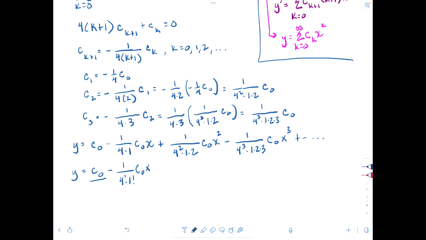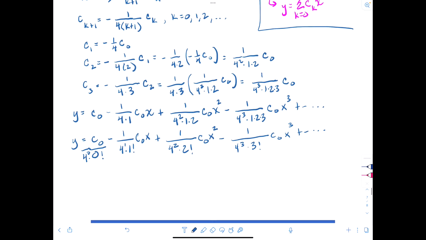Couldn't we write over 0 factorial here and 4 to the 0? And continuing, we would have 1 over 4 squared times 2 factorial, c sub 0 x squared, minus 1 over 4 cubed times 3 factorial, c sub 0 x cubed, plus minus dot dot dot.